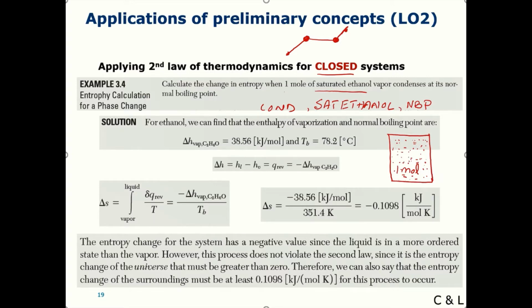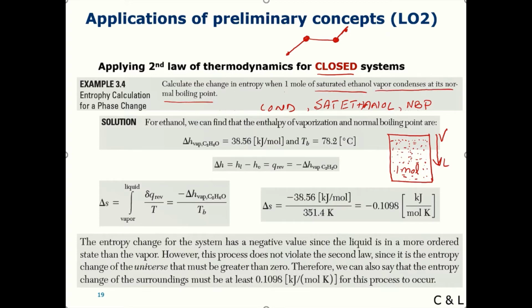So all of this has vapor. Now we need to calculate entropy change when 1 mole of saturated ethanol condenses from vapor phase to liquid phase, and temperature is at its normal boiling point, right?